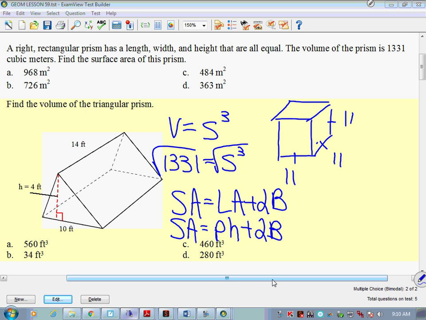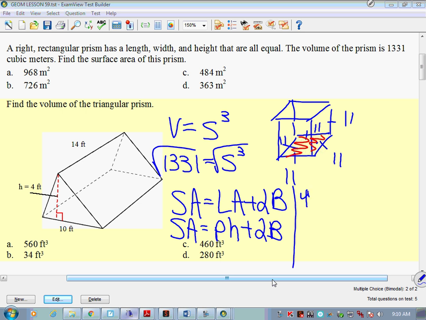So the perimeter of my base polygon, again, my base polygon, if I make this even a little bit more three-dimensional, I know that this is 11, I know that that's 11 there. This is my base. Okay, so the perimeter of the base is the distance around it. So 11 times 4, or 11 plus 11 plus 11 plus 11, which should be 44.